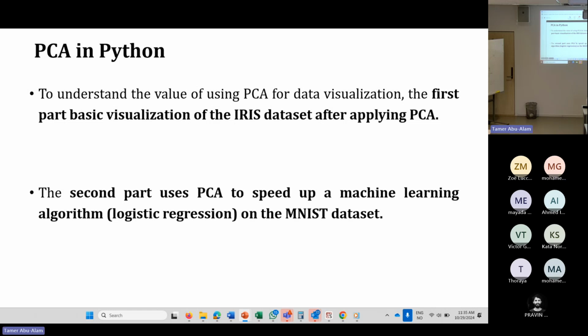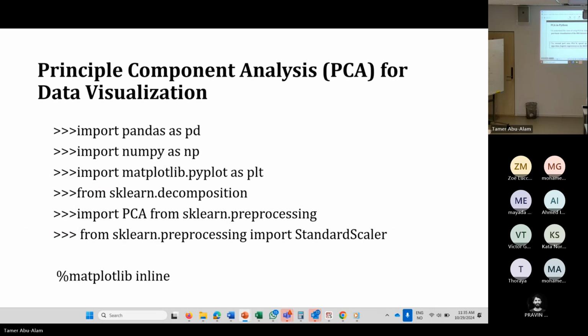So actually, there is an example. I promise you that the lecture will be uploaded today, so you can access the lecture with the examples. We have something called the Iris database or dataset, and in this example, we try to get the principal component analysis from this Iris dataset.